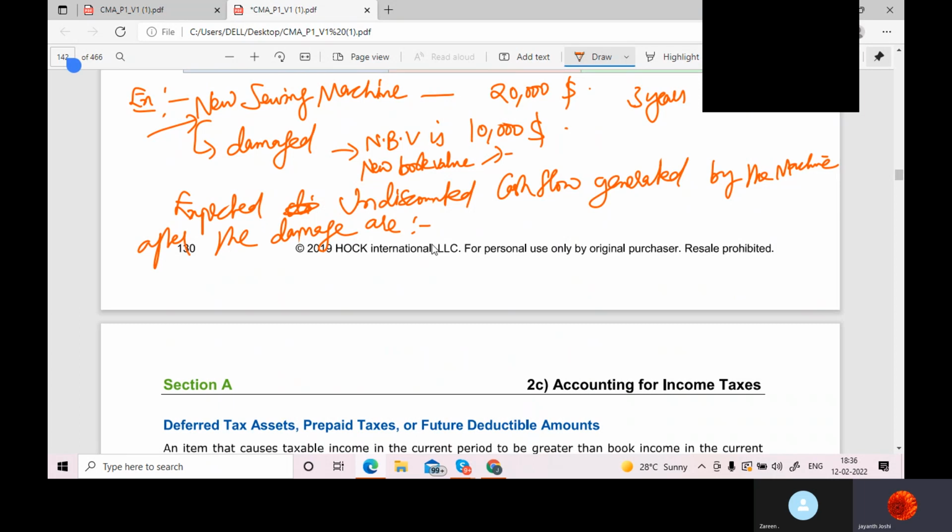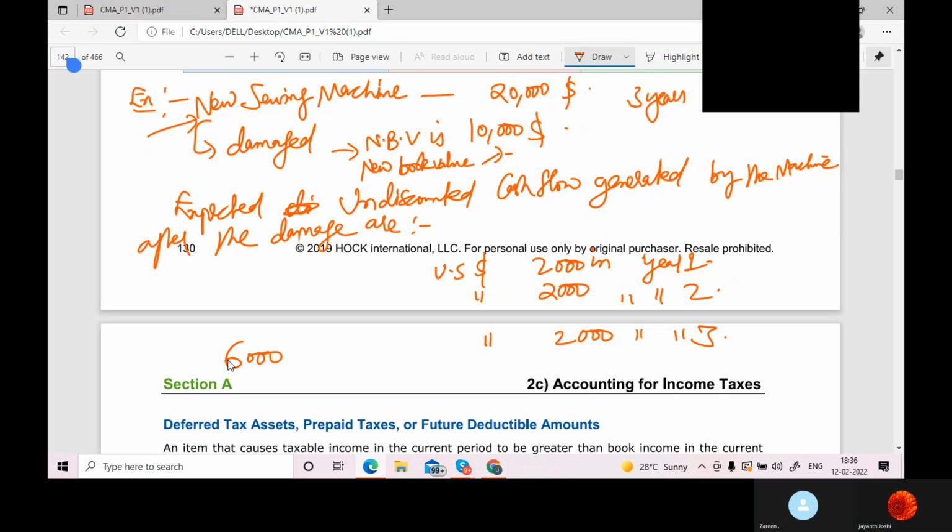So in US dollars, 2000 in year 1, then 2000 same in year 2, then 2000 same in year 3.